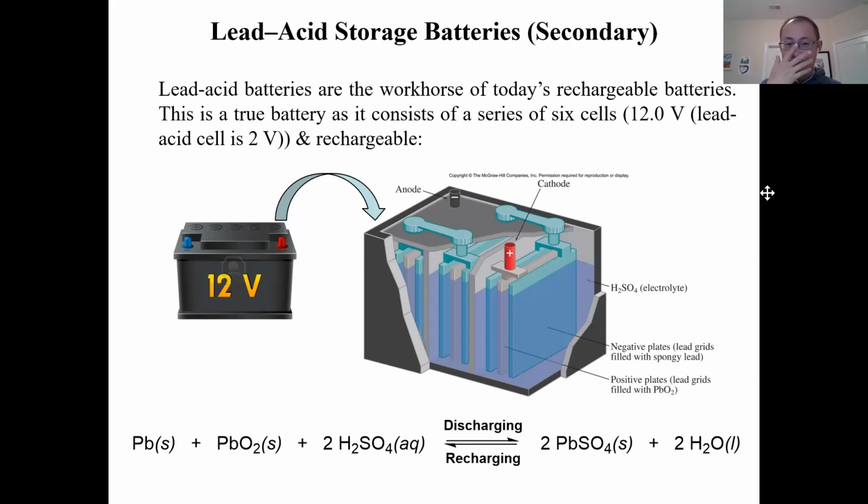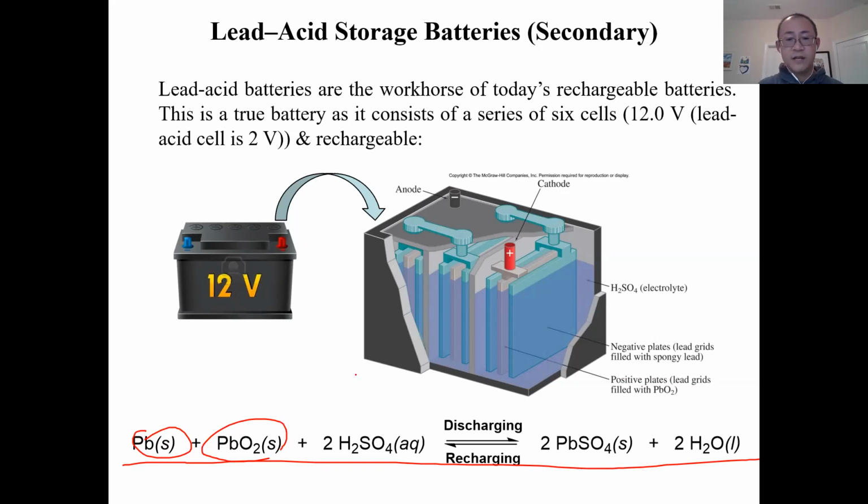Of course, lead acid battery means it consists of lead and consists of acid. Here is the overall reaction. You can see that the lead consists of lead metal and also lead 4 oxide, lead oxide. The acid is actually sulfuric acid. It's fairly concentrated sulfuric acid in a lead acid battery. We also call it battery acid, sulfuric acid.